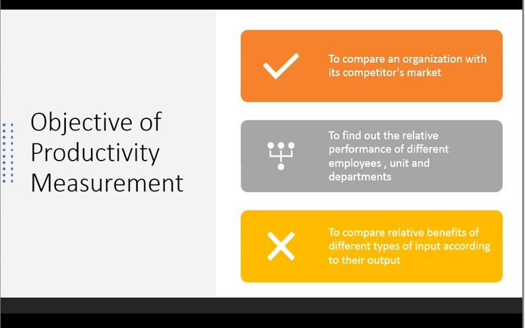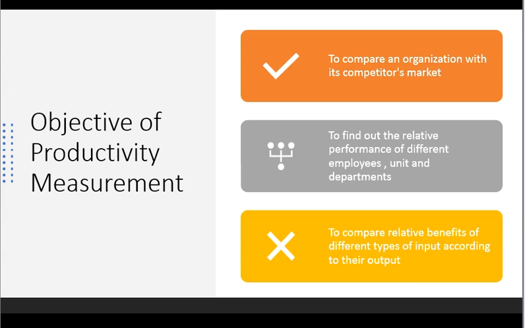Next is to find out the relative performance of different employees, units and departments. You can calculate the productivity of each employee, and on the basis of productivity you can give incentives and so on.